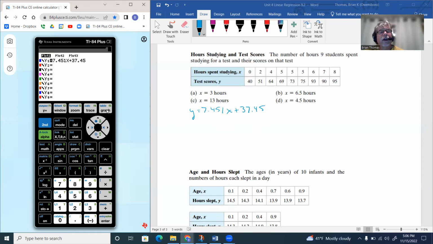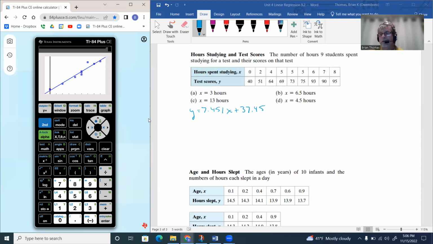If I hit graph, it will now draw the line of best fit. Still, it doesn't have to pass through any specific points. What it's trying to do is keep the distance from the line to the data points to a minimum, but like I said, the calculator did all that for us. So that's going to be our line of best fit with our data.